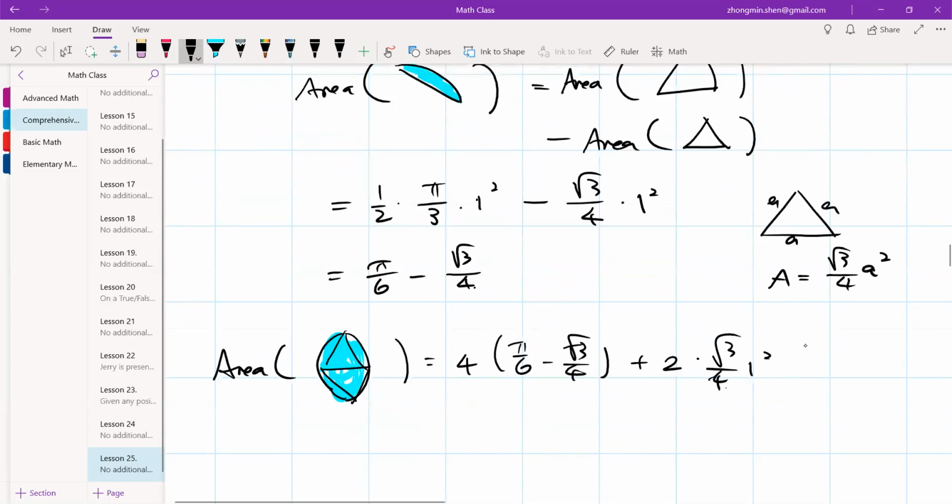And that's it. This is twice of this, right? Four and plus that. This is how to simplify what you get.